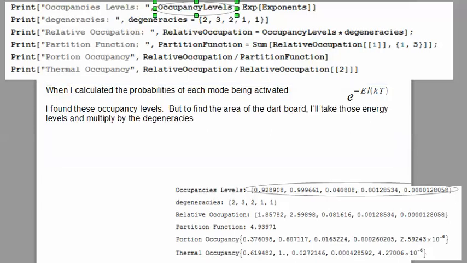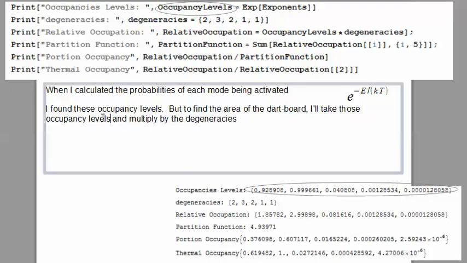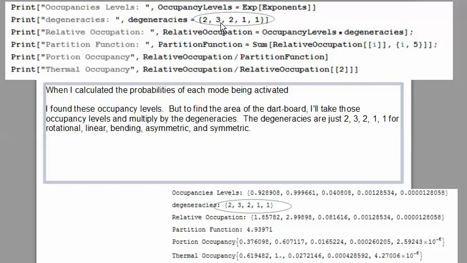But to find the respective areas of the dartboard, I'm going to take not the energy levels, but those occupancy levels, and multiply by the degeneracies. The degeneracies are just 2, 3, 2, 1, 1 for rotational, linear, bending, asymmetric, and symmetric.